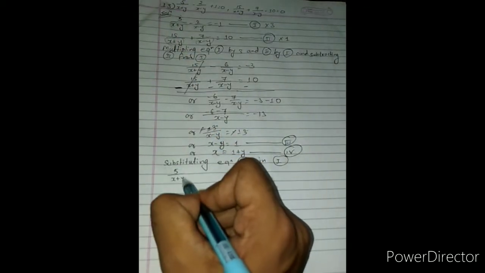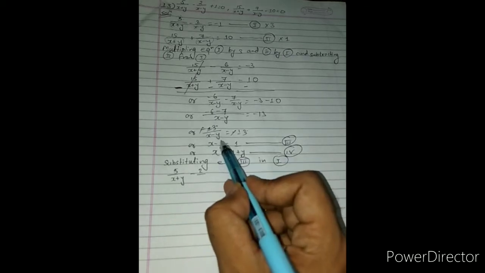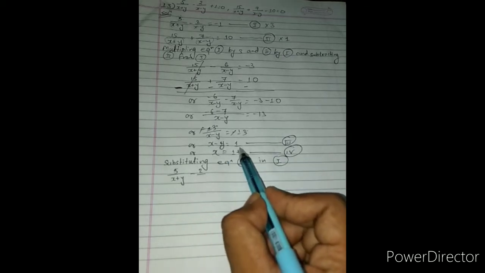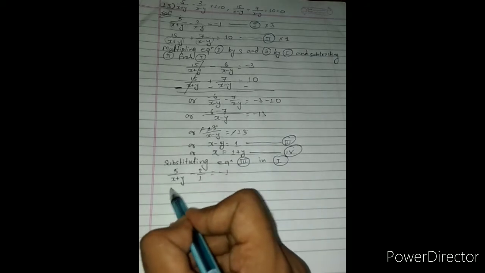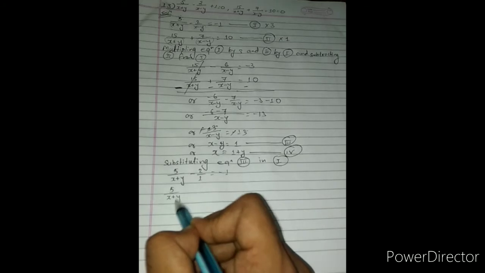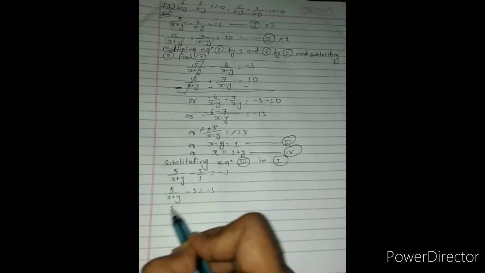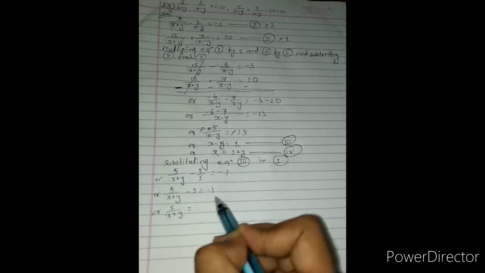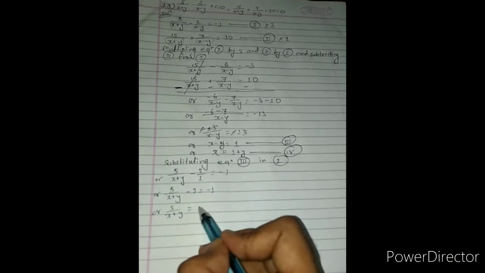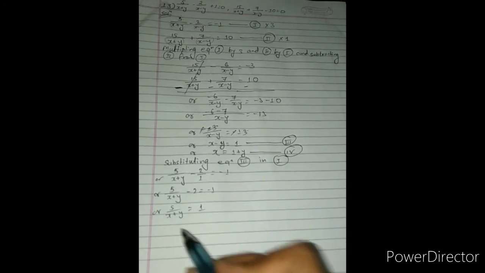5 by x plus y minus 2 by x minus y, and the value of x minus y we have got is 1, so we can write 1 equals minus 1. 5 by x plus y, this minus 2 equals minus 1. 5 by x plus y is equal to minus 1, it will go there plus 2, so plus 2 minus 1 is 1.